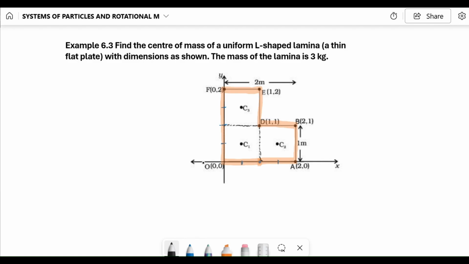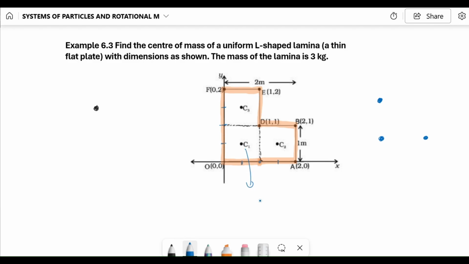So this entire two-dimensional question, a kind of continuous mass distribution, has now been reduced to a discrete mass problem like this. Now we have 3 point masses with their coordinates given. So how can we find out the coordinates? This is C1.